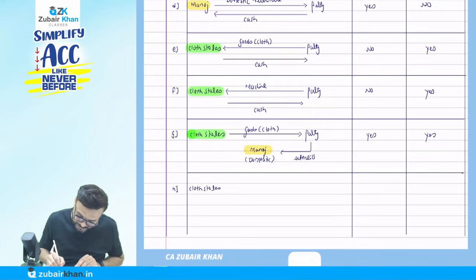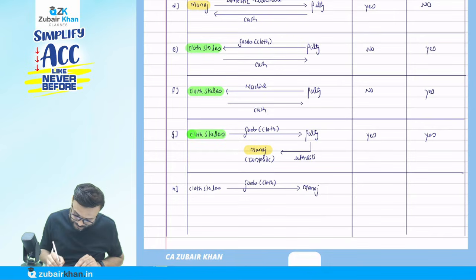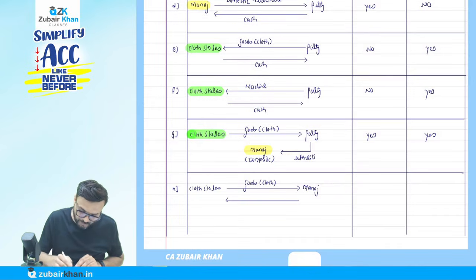Now they have given certain cloth, goods, to Manoj, and for Manoj, in return, I will say it will be for personal use. So in that case we will adjust it in his capital account.